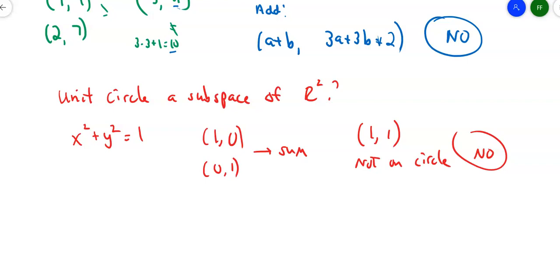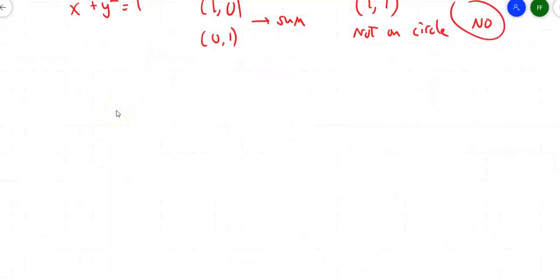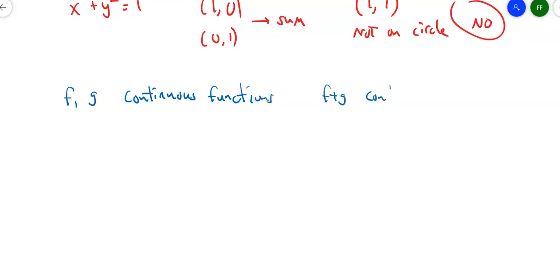All right, how about going back to some calculus concepts? In calc, you know that if you have two continuous functions, right? So if you have f and g as continuous functions, then f plus g is also continuous, and a scalar times f is continuous.